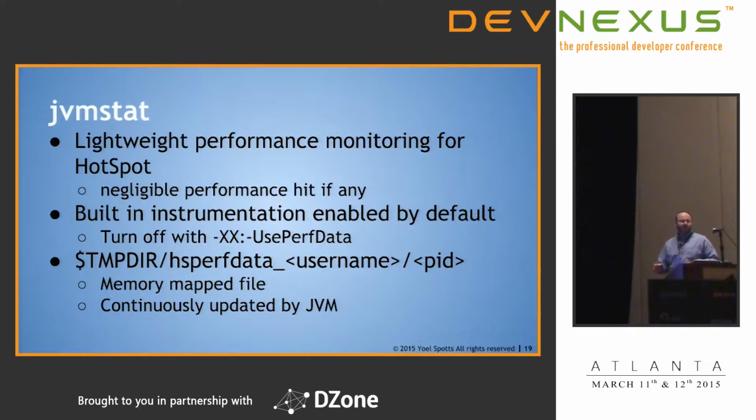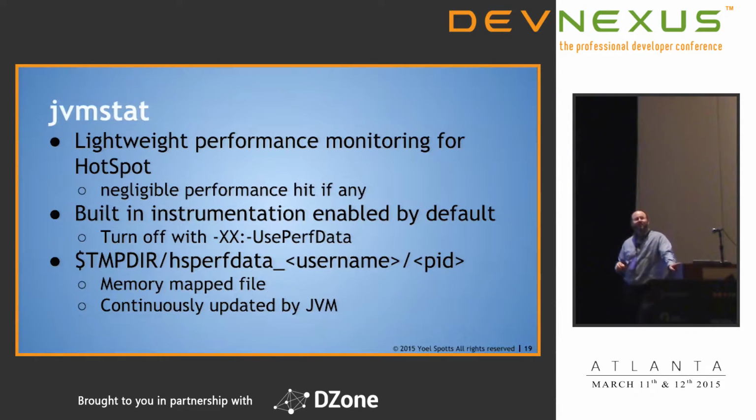And like I said, the JVM is continuously updating this with the monitoring data, which is available to some of these tools. And there is a well-known entry point to connect to JVM stat to obtain this information.